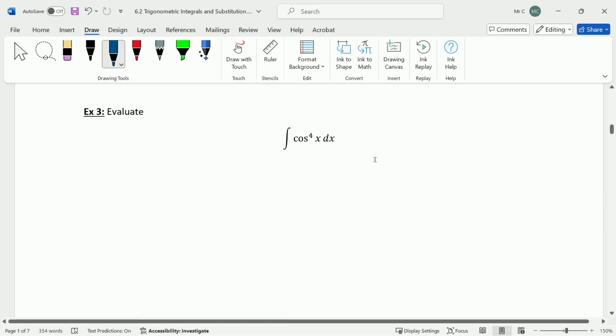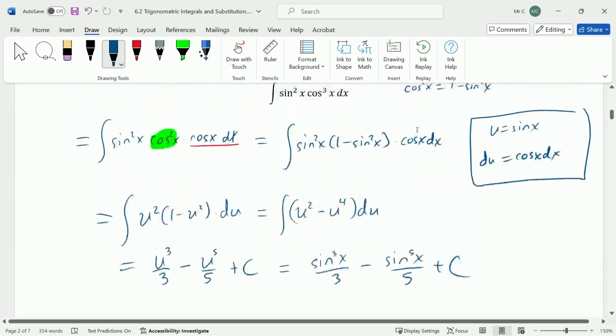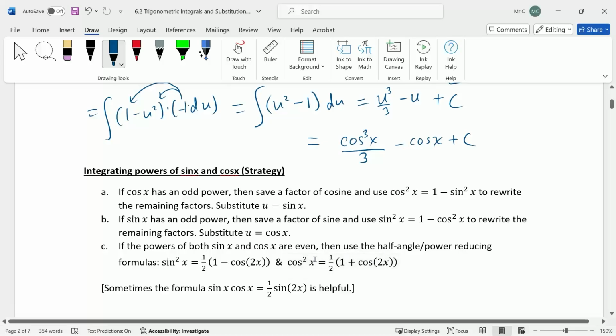All right, so one more involving sine and cosine. This one we see we have cosine to the 4th power of x dx. So we don't have an odd power of terms, so we're not going to be able to set aside a term. And so for this one, we need to use this identity: cosine squared is 1/2 times 1 plus cosine of 2x, right? So again, this is exactly the situation we described up here.